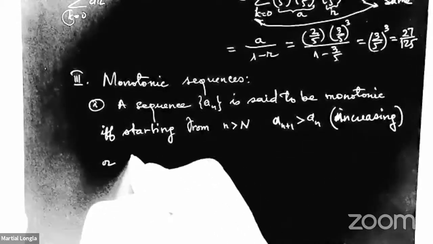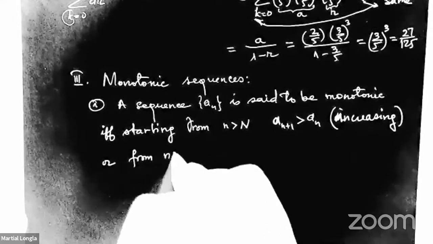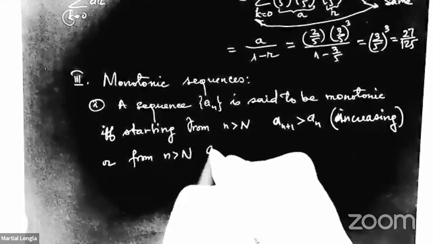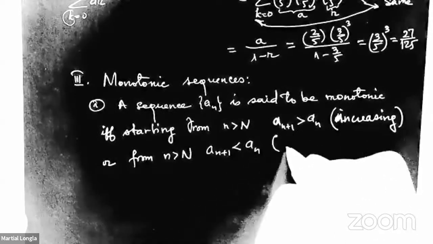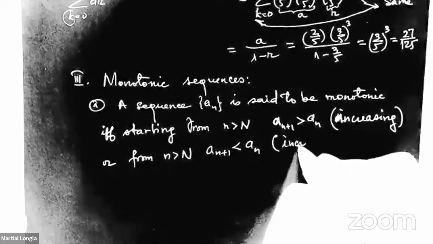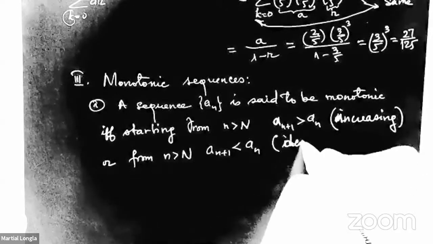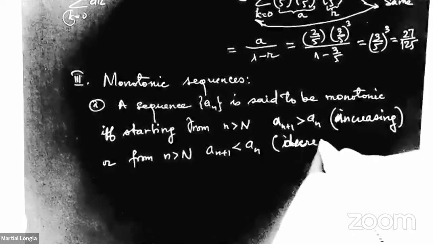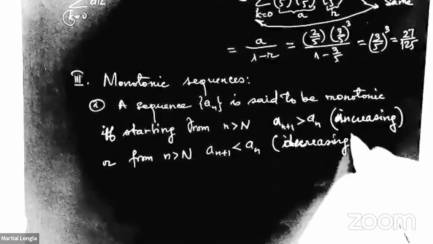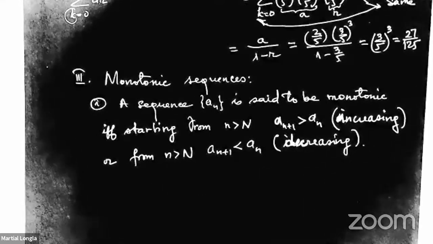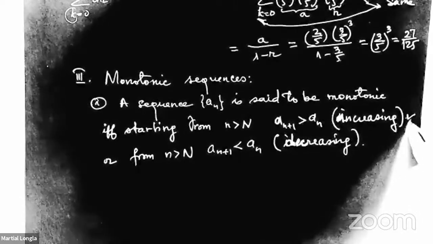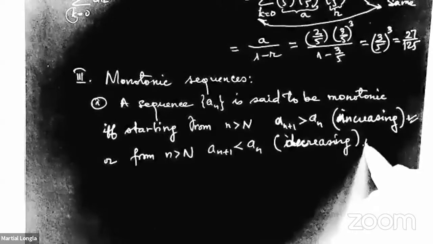Or from n larger than some n, a n plus 1 is less than a n, and in this case we would say that the sequence is decreasing. Right. So a monotonic sequence is a sequence that is either increasing or decreasing.